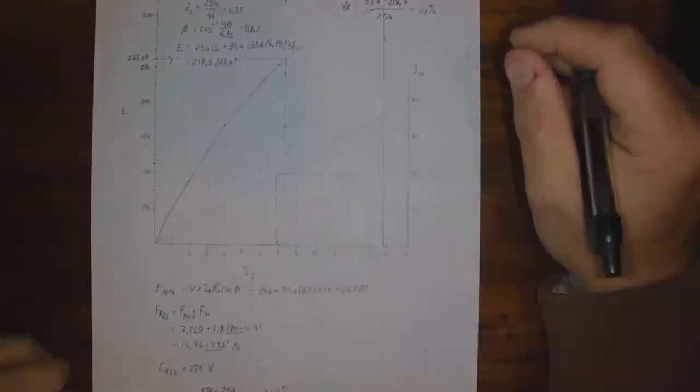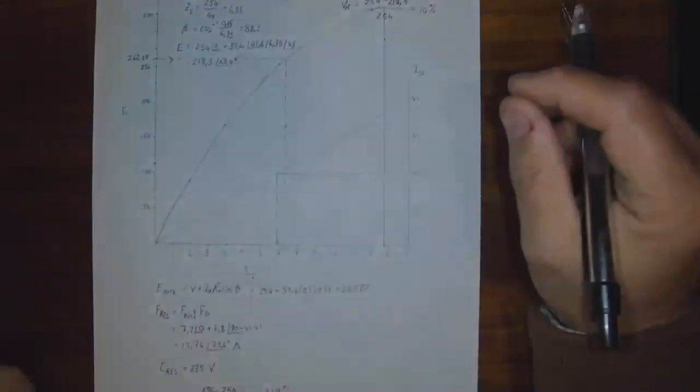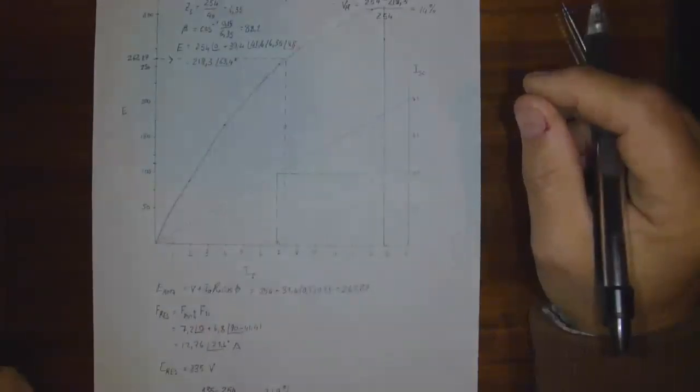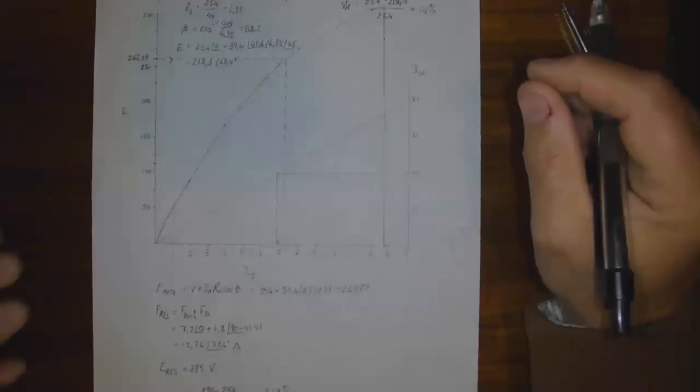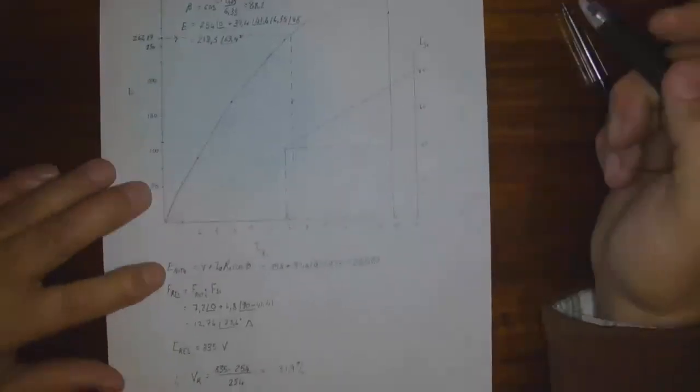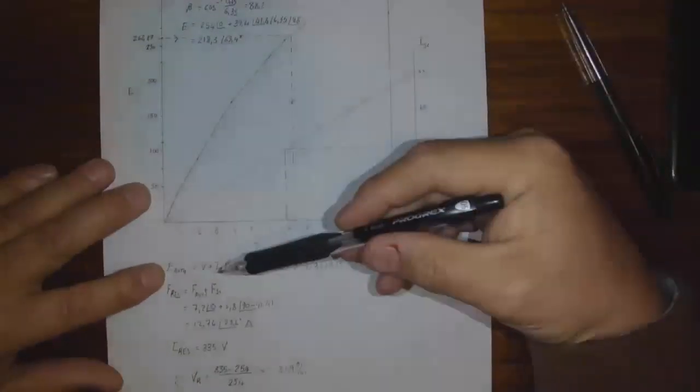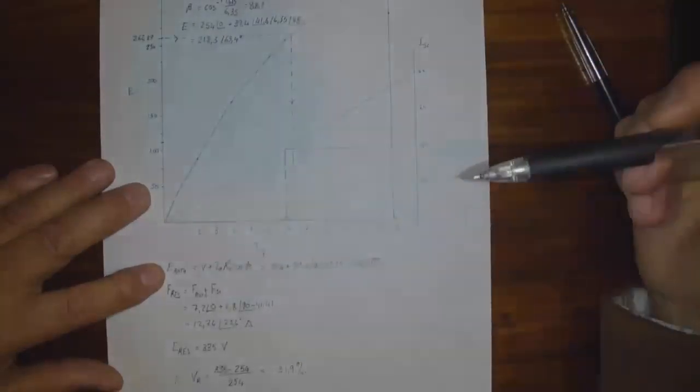Then that for is the Potier method. Was there a question? Okay, to determine the Potier EMF is V plus IaRa cos phi.